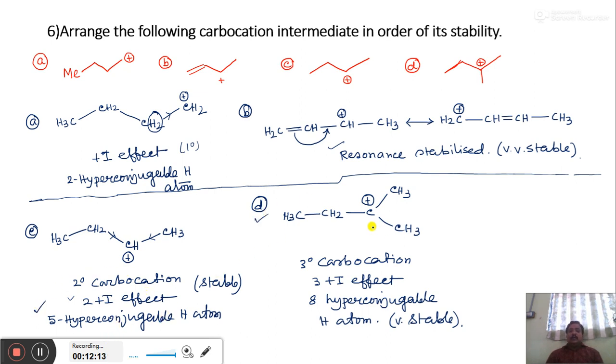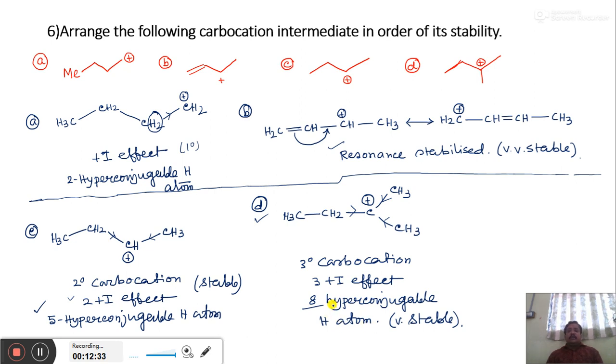In carbocation D, which is a 3-degree carbocation, 3 plus I effects are present, 1 for the ethyl group and 2 for the methyl groups, and this carbon contains 8 hyperconjugate H atoms. So it is very stable.